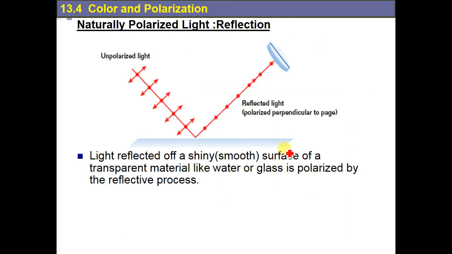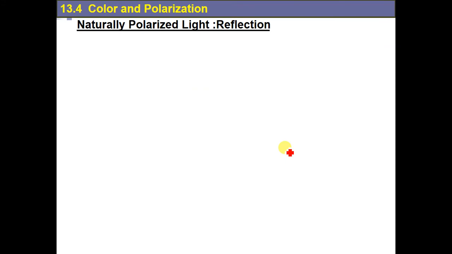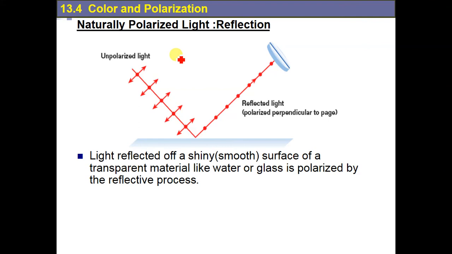Now we will talk about naturally polarized light. In our everyday life, we can have partially polarized light even without using any polarizer. How? This can happen by reflection. Unpolarized light coming from the sun hits surfaces like water and glass, these shiny surfaces.